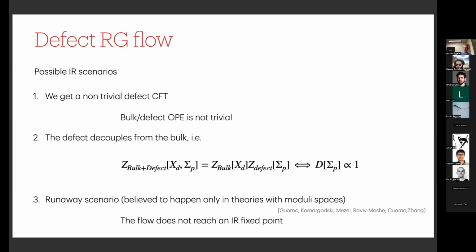And in this paper, these people argued that this scenario can only happen in theories when there is a moduli space, for example in free theories, but it's not very generic. So therefore, in the following, I will not consider this scenario. Of course, there is always this possibility, but I will try to avoid it.